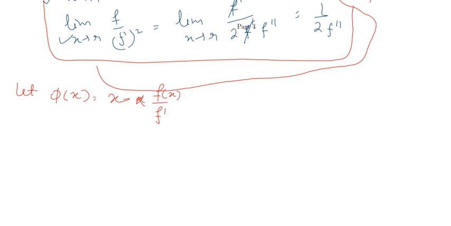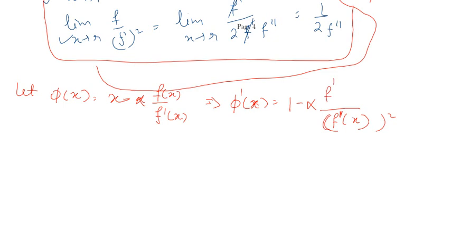So this implies phi dash equals 1 minus alpha times, the same thing, f dash of x whole square, f dash square minus f times f double dash.